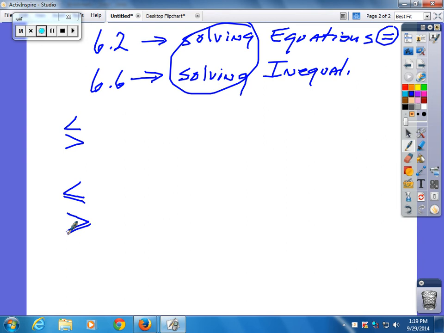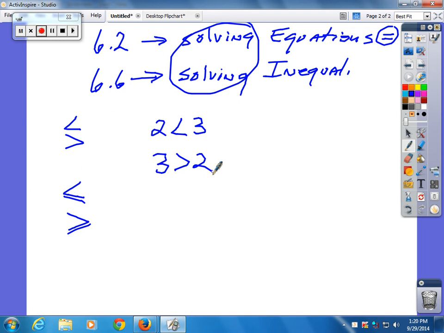How do you know this is greater than or less than? You don't have any numbers on the side. I could say 2 is less than 3, or I can say 3 is greater than what? 2. Are both of those the same?